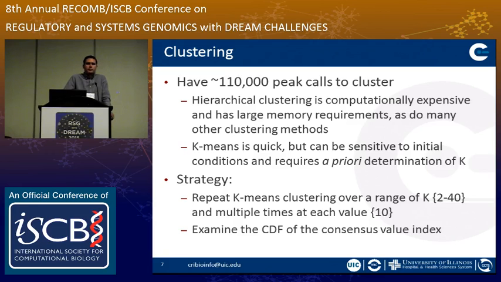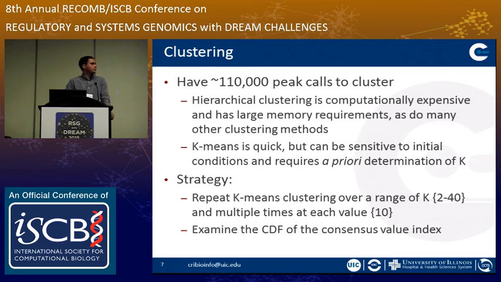This was not particularly feasible for this many regions. Hierarchical clustering does not scale particularly well either in computational expense or in memory requirements. I think I couldn't even compute the distance matrix in R. R would just crash when I tried to do it with this many regions.